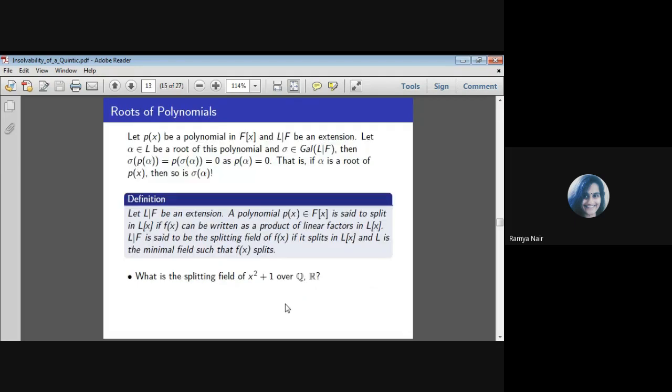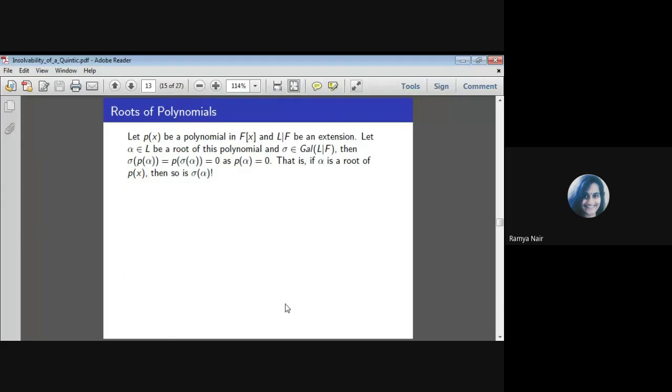Okay. So now this would give you an answer to that question as to where you can send this element square root of 2 in the previous example. So suppose you have a polynomial.